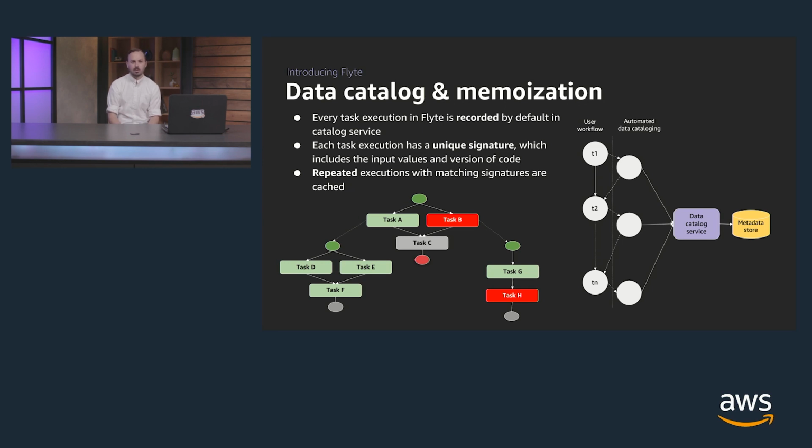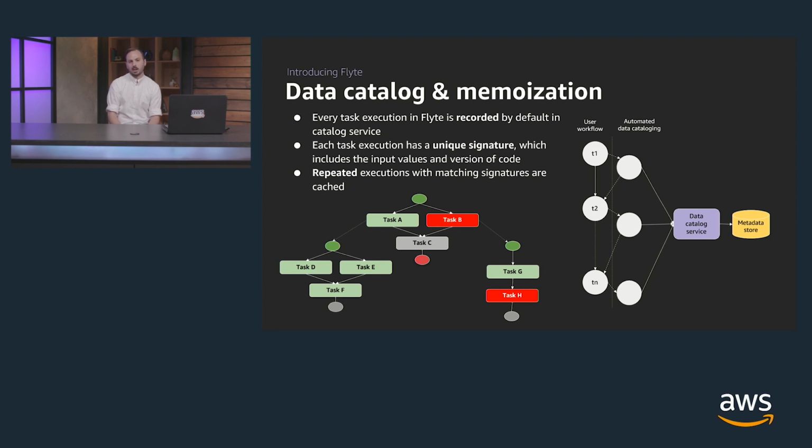One example is Data Catalog, which is a service that is aware of the Flight input and output specs and also provides memoization. Now, I think most engineers will agree with me that there has been a time where the way they debugged something was by running something, realizing it failed, adding a print line or changing one line, running it again, and then seeing what happens. And usually it's still broken after you've done that.